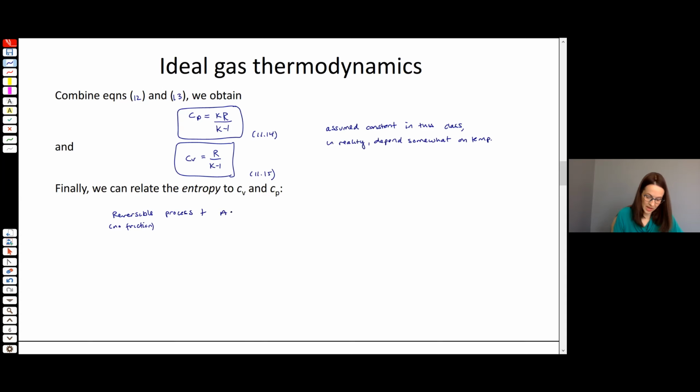An adiabatic process is one where there's no heat transfer, no exchange of heat between the system and its surroundings. And if you have both of these, you have an isentropic process, so a process where there's no change in entropy.